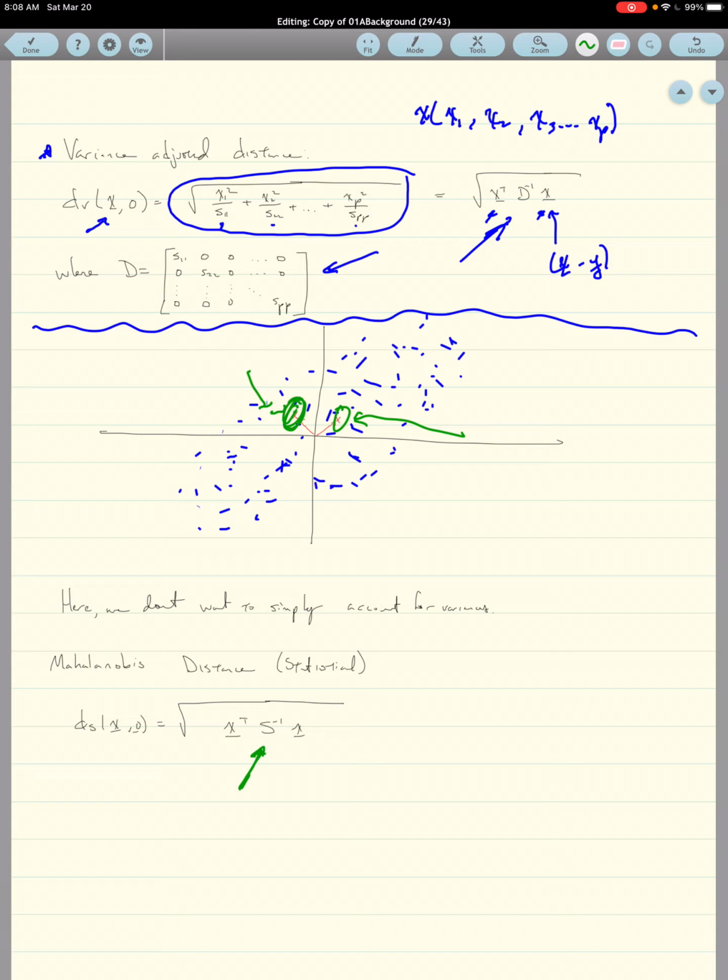We can think of quantities like this as providing meaningful distance measures for data with covariances. And this is known as the Mahalanobis distance. Oftentimes in class, I will just refer to it as statistical distance, but this idea of statistical distance is going to come up in several of the procedures that we discuss in this class.